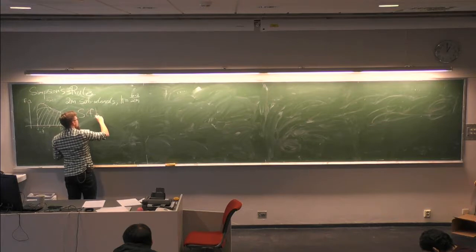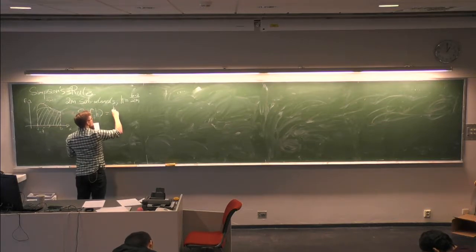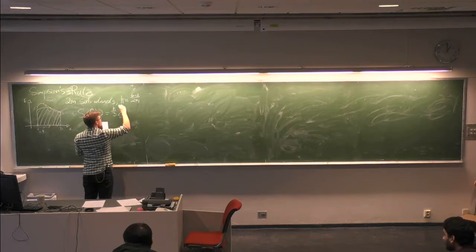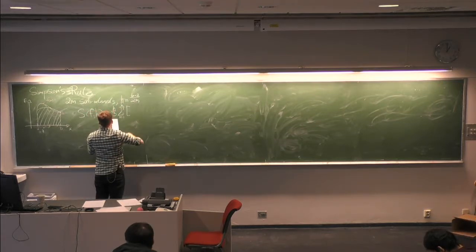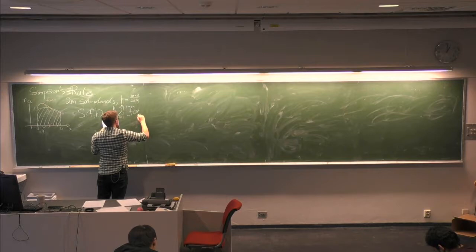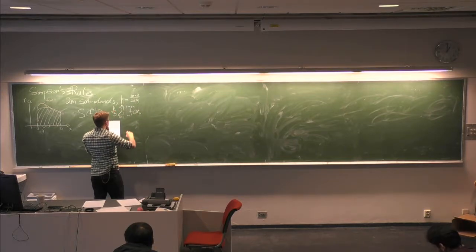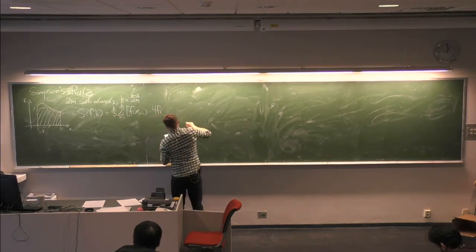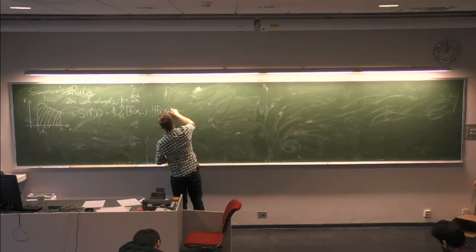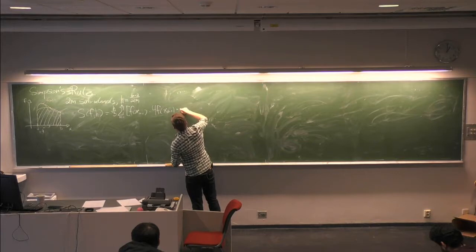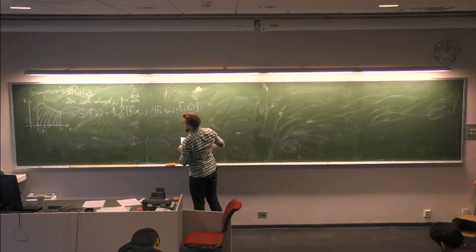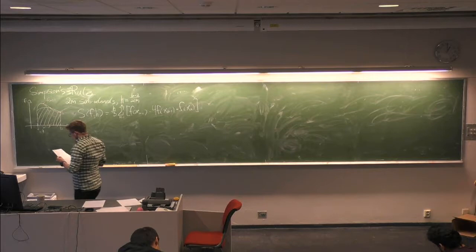Simpson's of the function with some step length is h over 3 times the sum of f at the points, with weights 1, 4, 2.